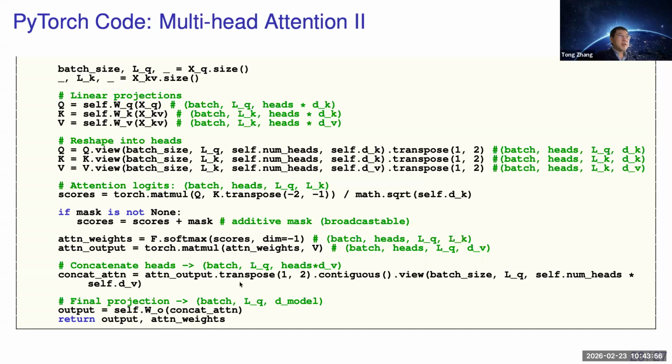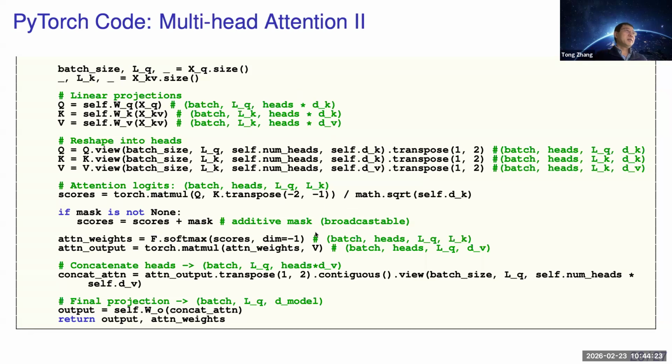Then you concatenate this together, and then the output is your projection. So finally you get that. The main thing about this one is it's not a long code, but you need to know the linear algebra. You also have to match the dimensions correctly.